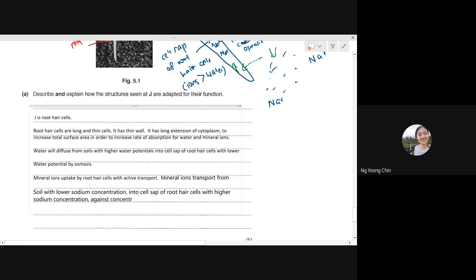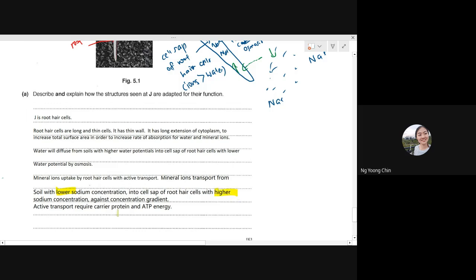Active transport requires carrier proteins and ATP energy. This is because you are transporting the ions from very low concentration to high concentration, right?